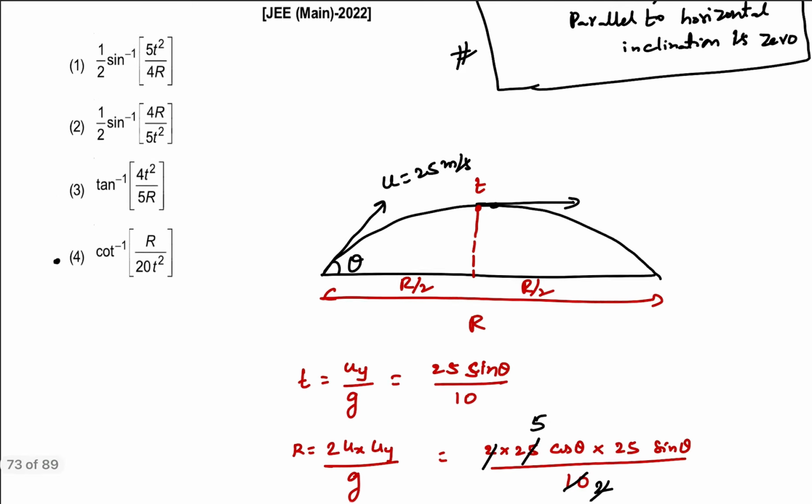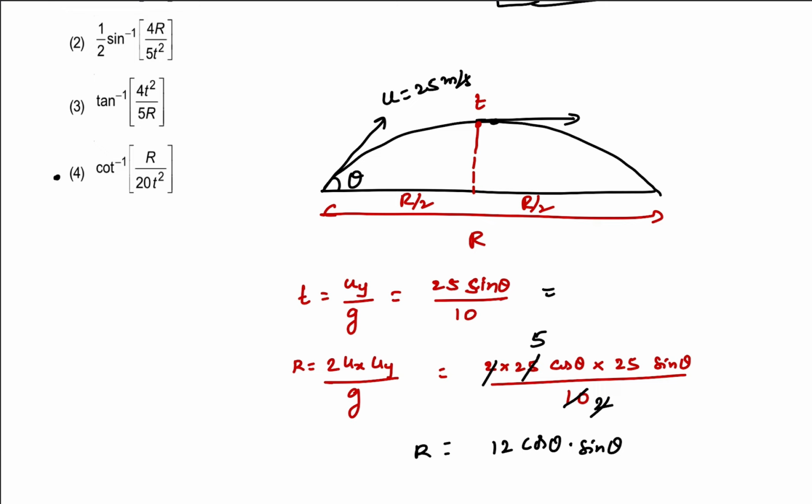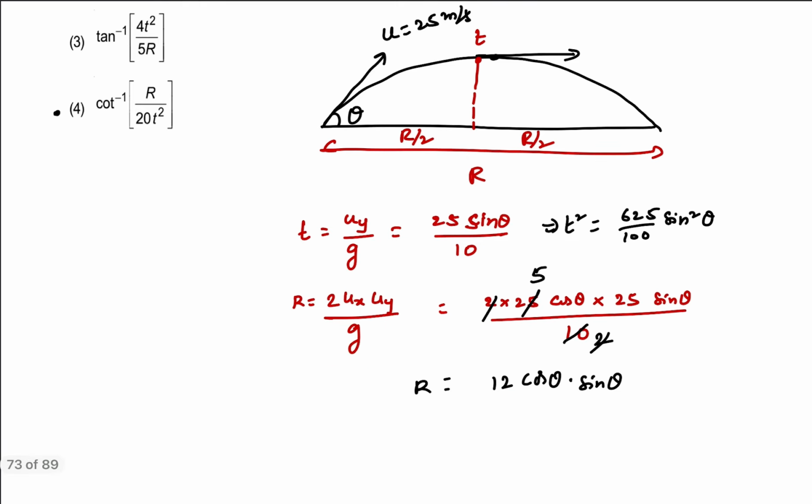If you want, in all the options there is a t square term also, so make this t square. T square is 625 divided by 100 into sin square theta. You write the r by t square value. R by t square can be written as 125 into cos theta sin theta, whole divided by 625 divided by 100 into sin square theta.